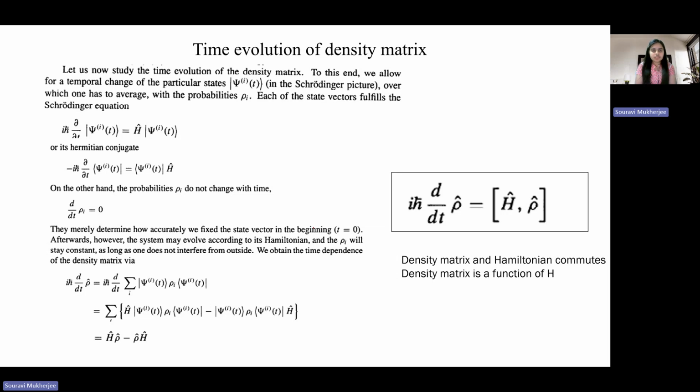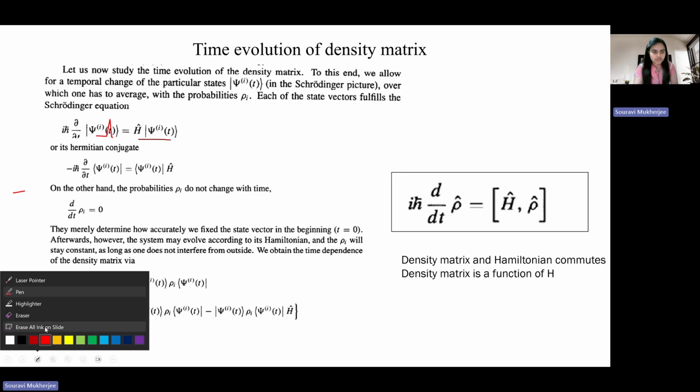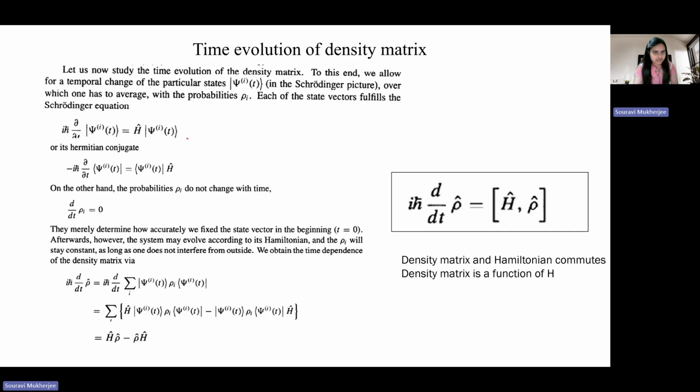Okay, so here, if you consider a certain state psi, and you look at the Schrodinger picture where you allow your state to evolve with time, so you're looking at the temporal change of your state psi. You can use the Schrodinger equation: if you are in state psi at some point t, then i h-bar del t of psi is nothing but H psi, and this gives you the temporal evolution of your state vector.